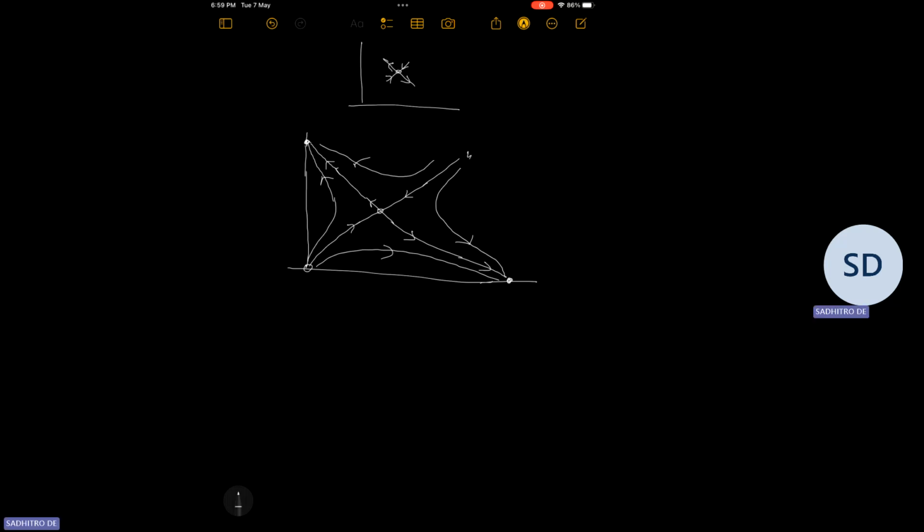This corresponds to the stable manifold.